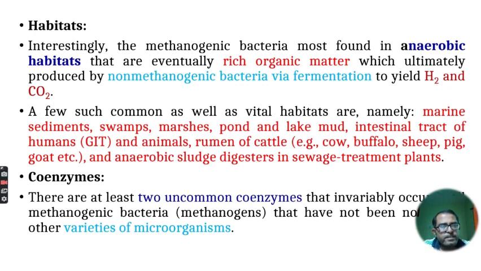This organic matter and the anaerobic habitat are the two essential conditions required for the growth of this bacteria. Non-methanogenic bacteria utilize this organic food to generate hydrogen and carbon dioxide gas.